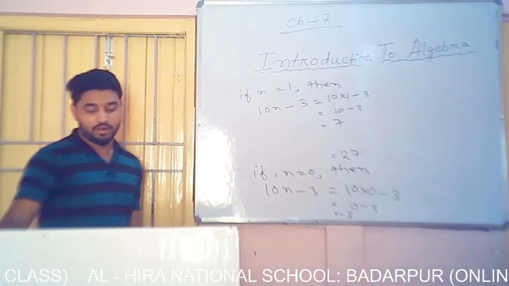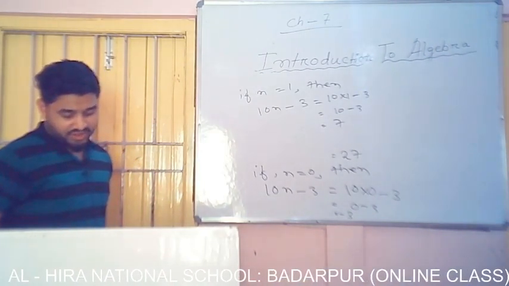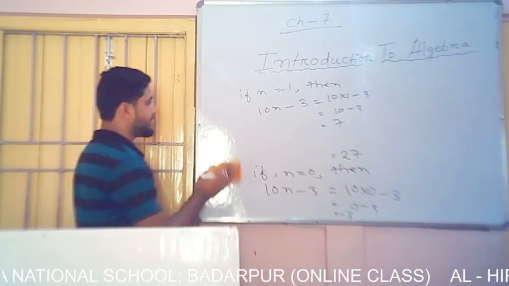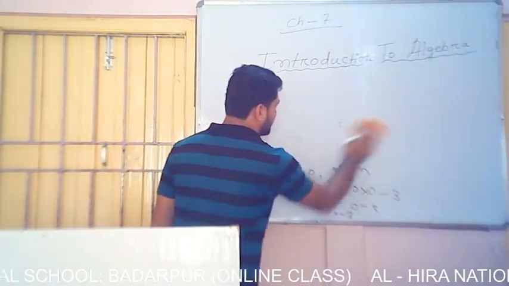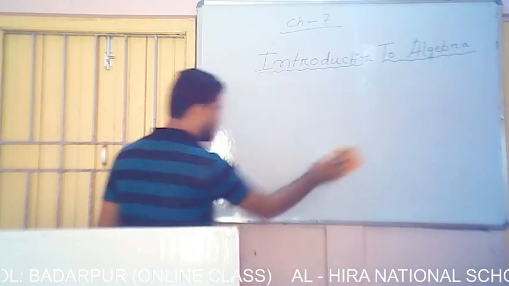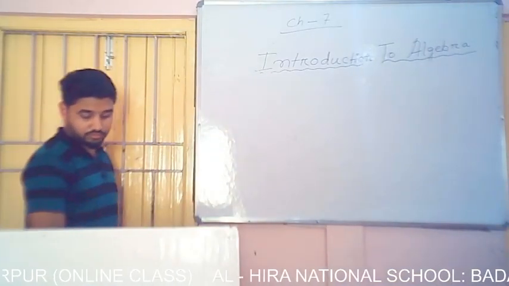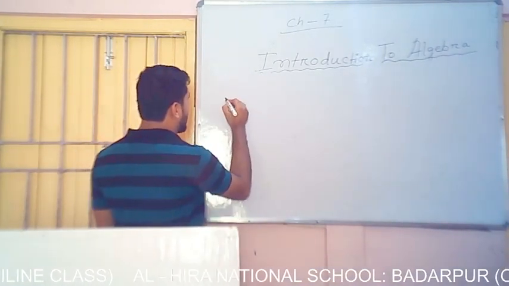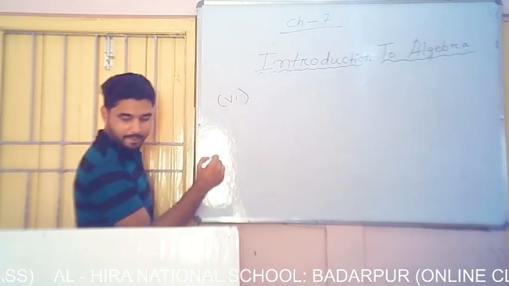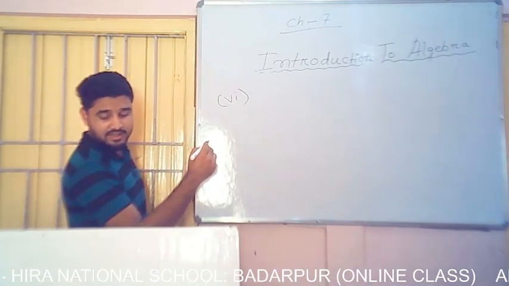Now come to question number Roman 6. Given the expression is 3n by 4.